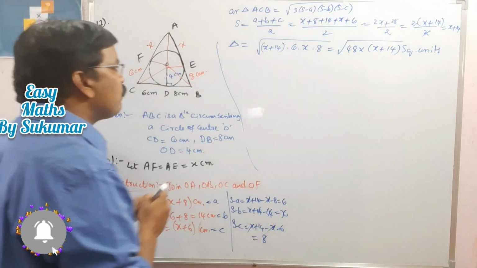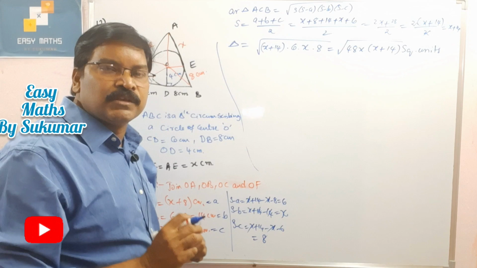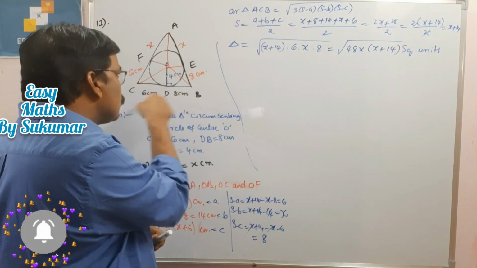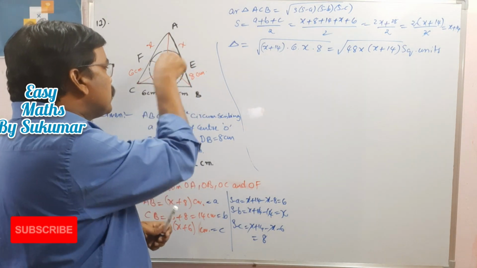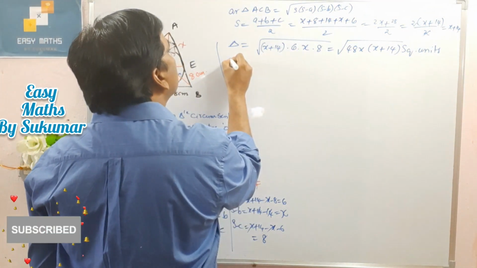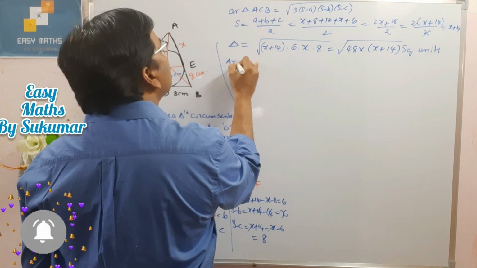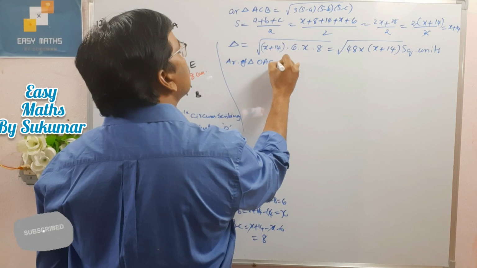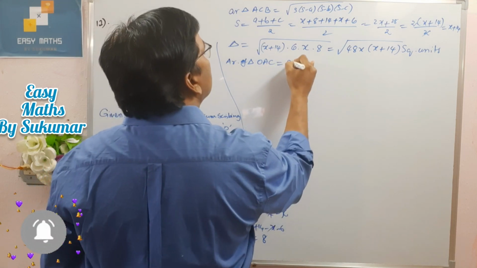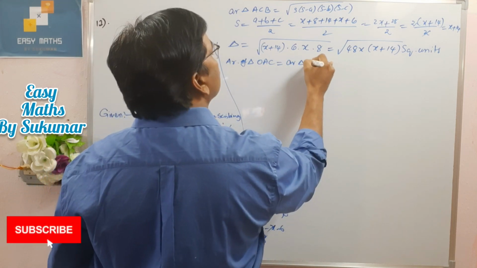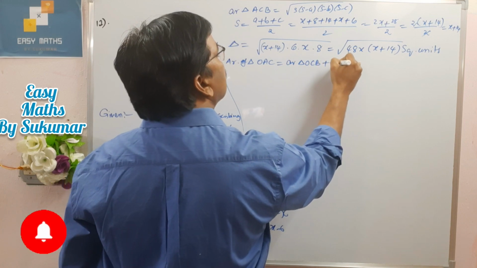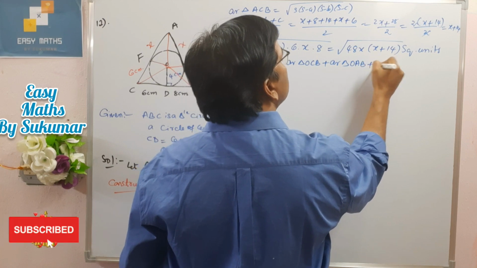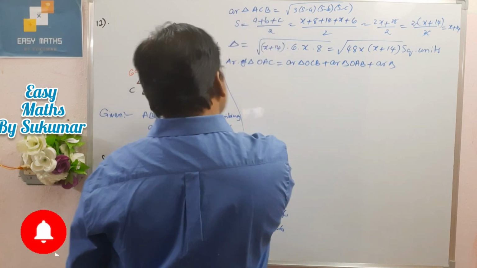Now we will find the same area of the triangle using the sum of the three triangles: OCB, OAB and OAC. That means area of triangle ABC is equal to area of triangle OCB plus area of triangle OAB plus area of triangle OAC.